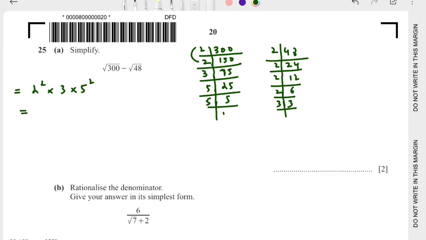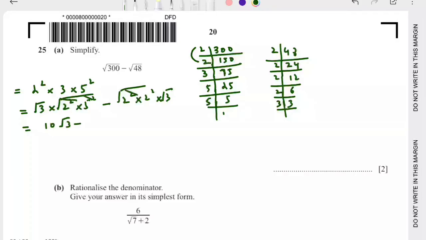So it would be 5 times 2 under root 3 times 2 times 2 minus. There are 2 pairs of 2 and 3 is alone, so we can write like this. So it would be cancelled out. 5 2s are 10, so 10 under root 3 minus 4 under root 3 becomes 6 under root 3, which would be the final answer.